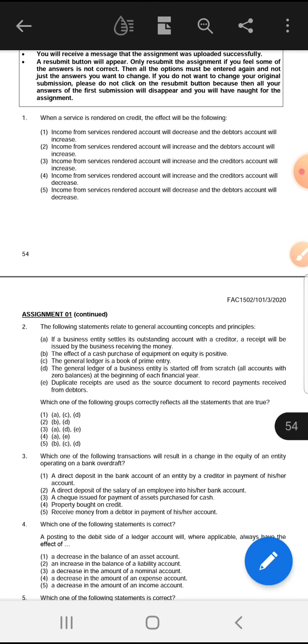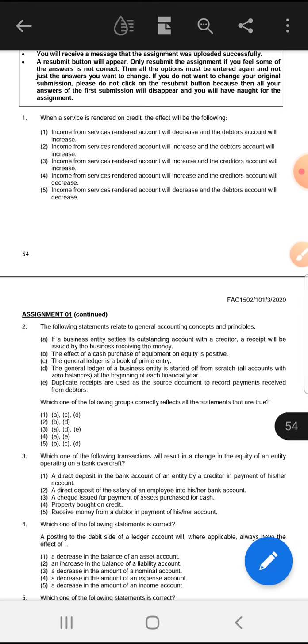You remember that our debtors control will increase on the debit side. The reason being, we offer this service on credit, so our debtors will increase, and then the service we rendered will also increase the income.